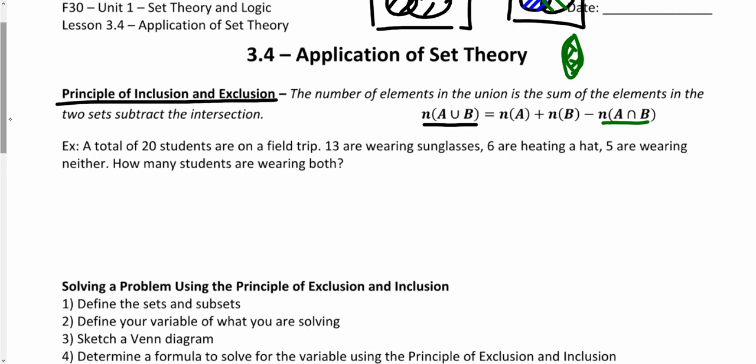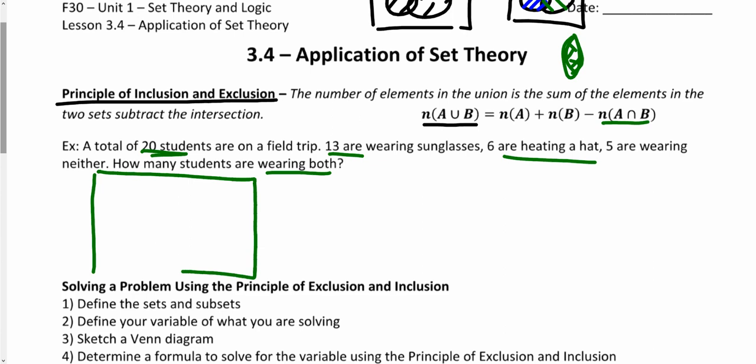A total of 20 students are on a field trip. 13 are wearing sunglasses, 6 are wearing a hat, 5 are wearing neither. How many students are wearing both? Okay, cool. So what we know is we have sunglasses and we have a hat. We know that 5 are wearing neither, so we put the 5 out here.